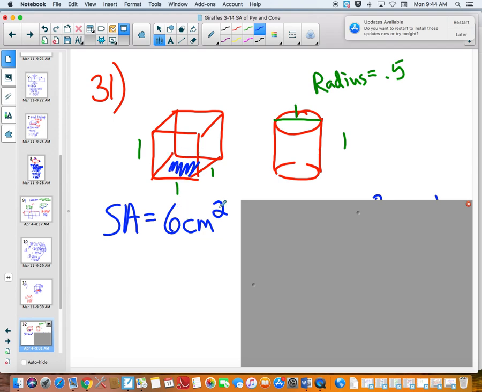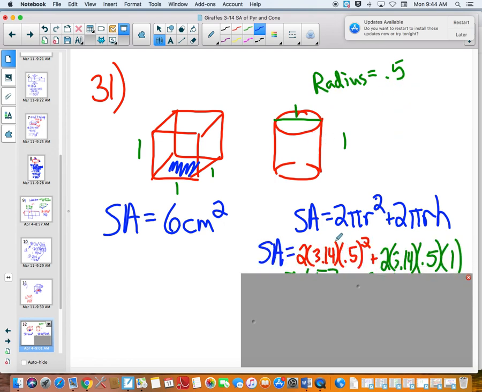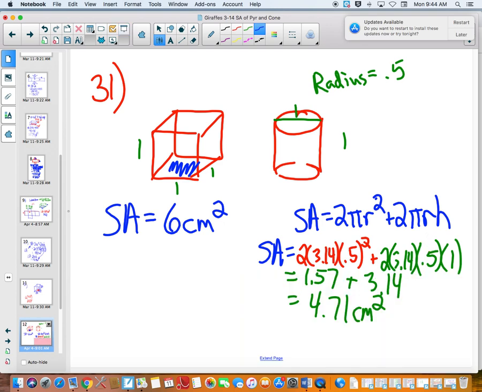So 1 times 6, 6 centimeters squared. The cylinder is a little bit more complicated, and I use this formula. Notice that if this is the diameter, that means the radius is 0.5. So when I'm doing this, I have to put in 0.5 for the radius. And in this case, I got the cylinder was 4.71 centimeters squared.